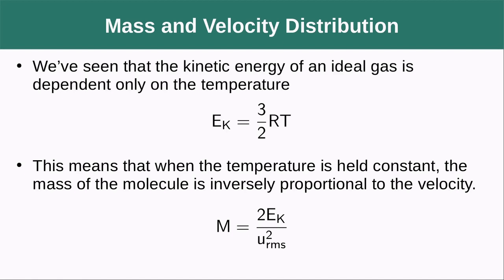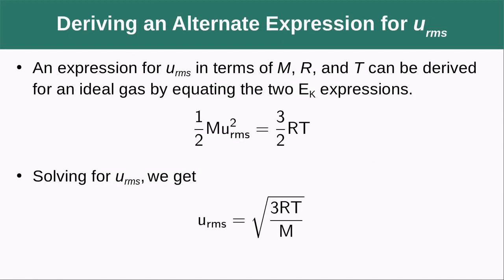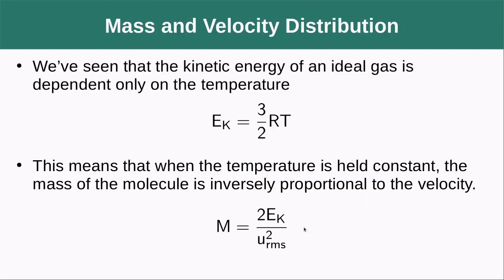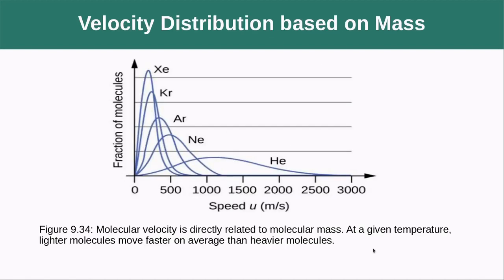So if we go back here and we want to solve for M, we will get this value here, provided that we hold the temperature constant. Here's an example of the velocity distributions based on mass for various different noble gases at the same temperature.